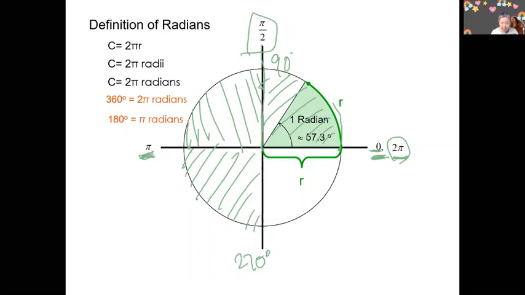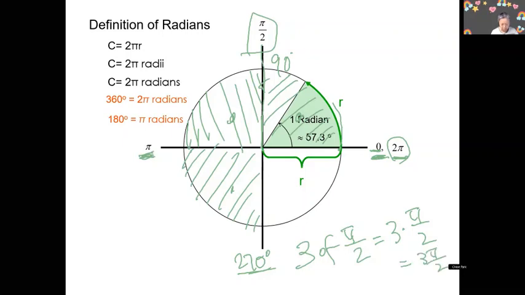Then how many pieces of pi over 2 do I have total so far until I hit 270? 1, 2, 3. So it's going to be 3 of pi over 2. That means 3 times pi over 2. And then this is what? 3 pi over 2. So that's 3 pi over 2.